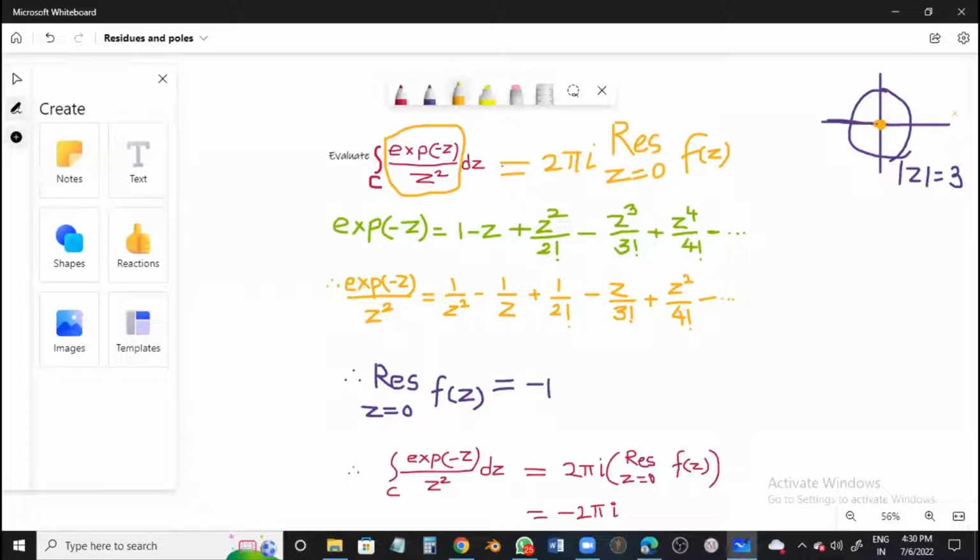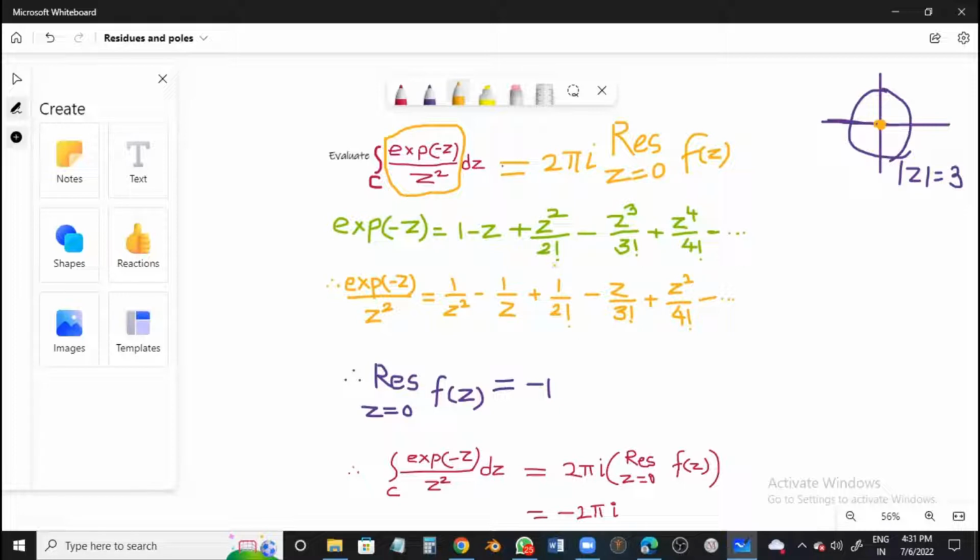Alright. What I'll do is expand the numerator using the Maclaurin series. In case of the Maclaurin series, all of you know that exponential of z is 1 plus z plus z square by 2 factorial plus z cube by 3 factorial plus and so on. Let us use the same for minus z. So wherever there is z, you are putting minus z.